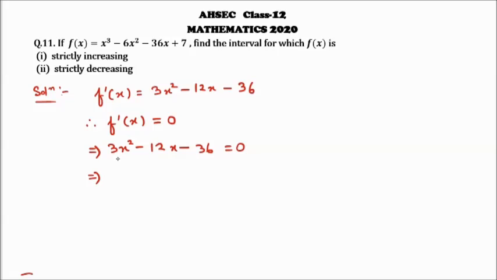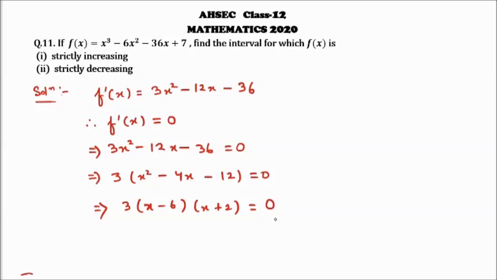From here, if I take 3 common outside, this will become 3 into x minus 6 into x plus 2 equal to 0. From here I can clearly see that my x is 6 and minus 2.